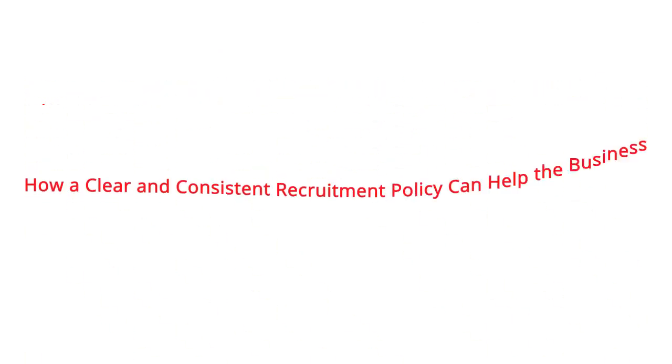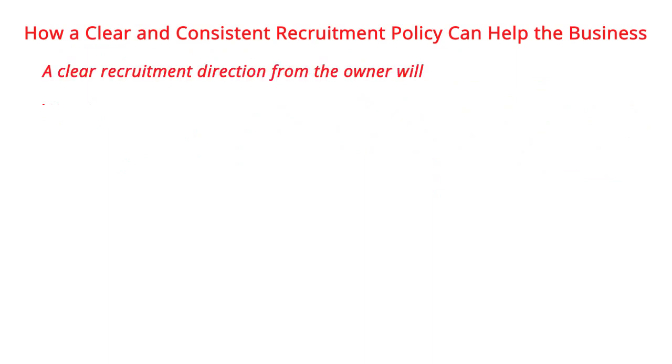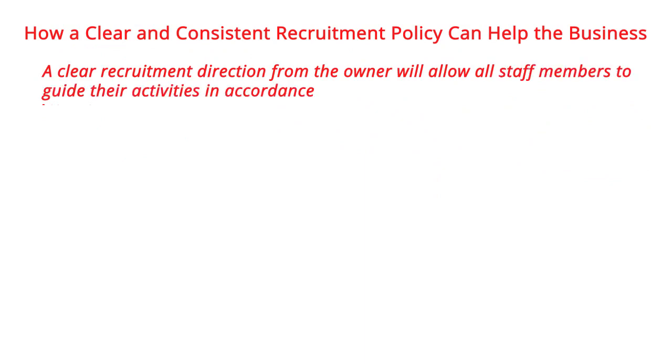Let's see how having a clear and consistent recruitment policy can help your business. A clear recruitment direction from the owner will allow all staff members to guide their activities in accordance with the owner's expectations.